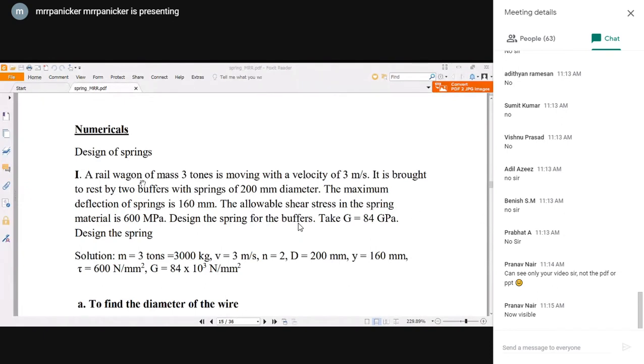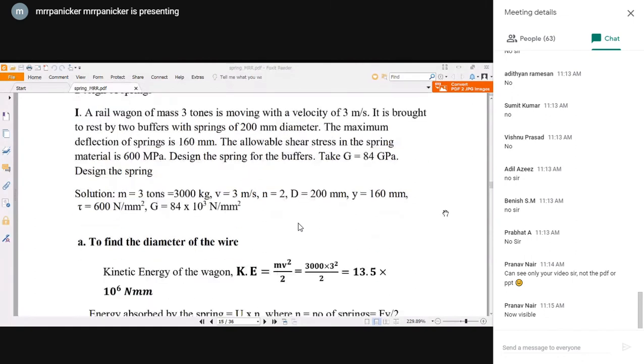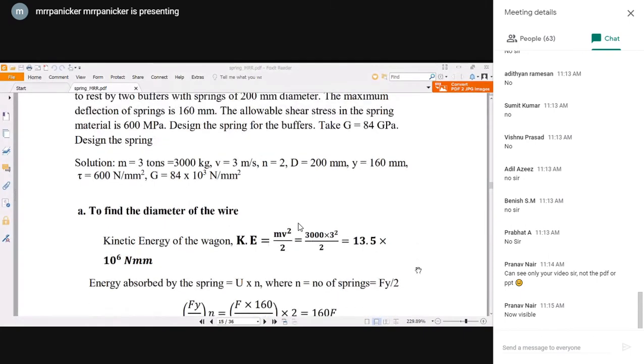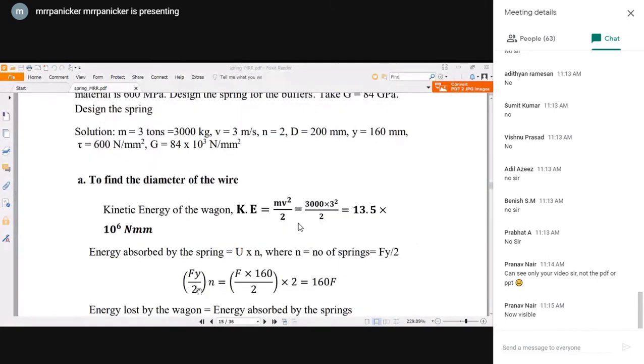In the case of a rail wagon, you can see the number of springs is 2. A mass is moving with a velocity, so there is kinetic energy, and you can calculate it by the standard equation. That is absorbed by the spring. The spring energy, that is the strain energy, is for a triangular force.